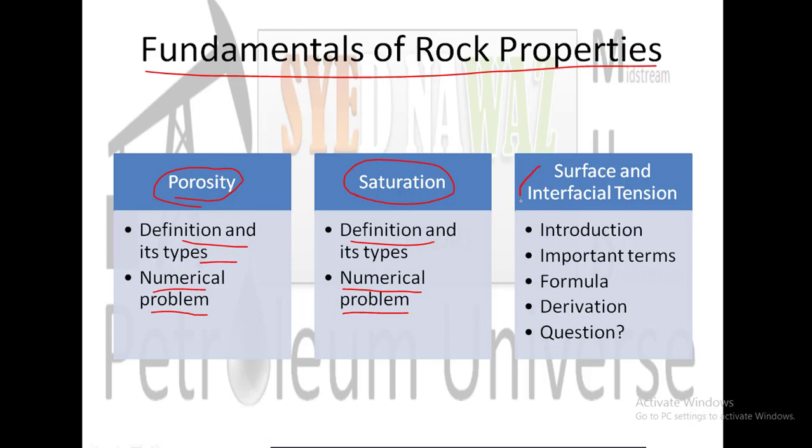For today's video, we are going to see surface tension and interfacial tension. In this video we will discuss the introductory part: the definitions, then the important terms needed to understand surface tension and interfacial tension, the terms we need to understand beforehand.